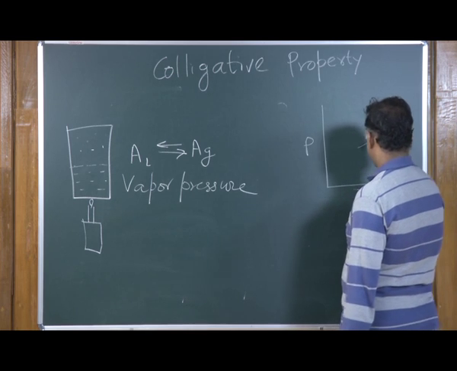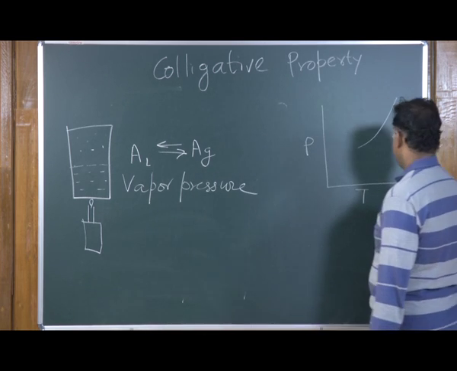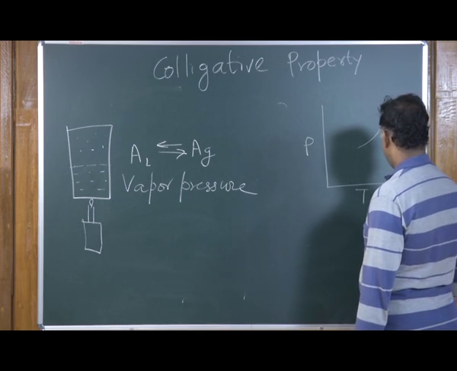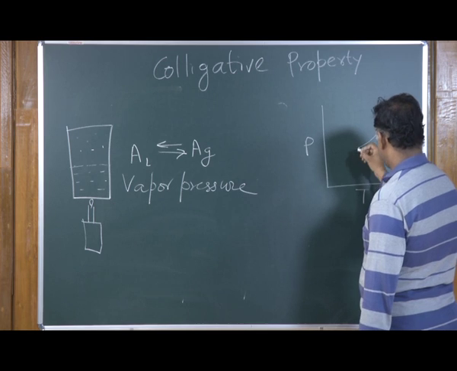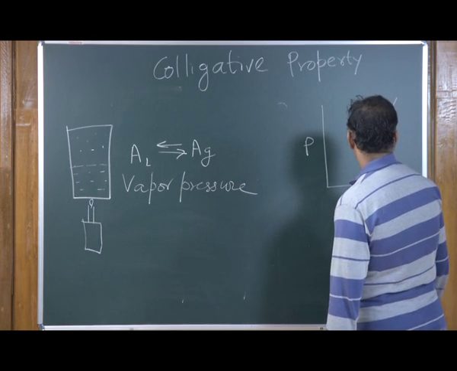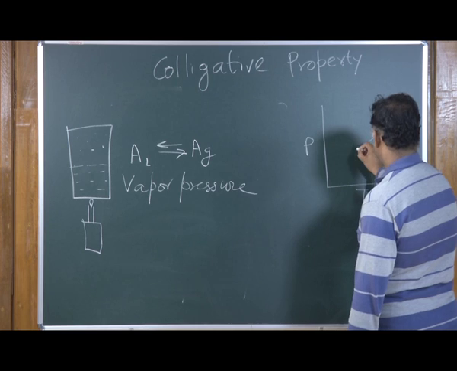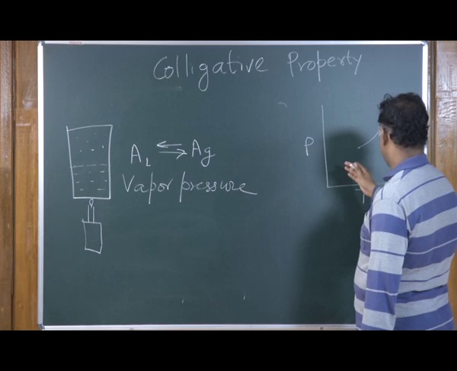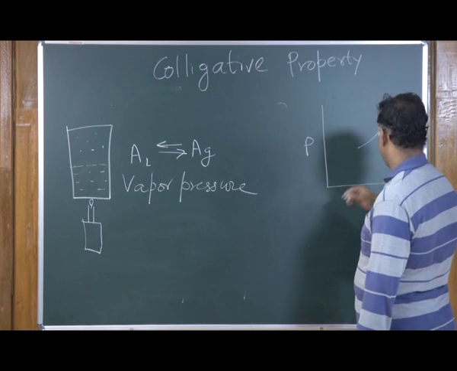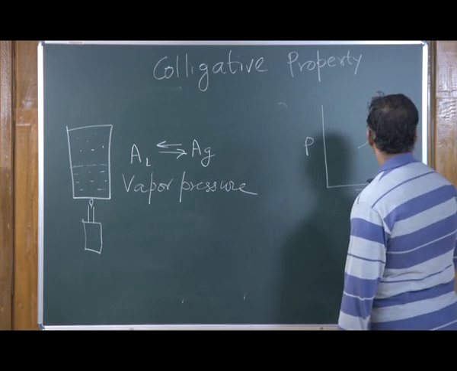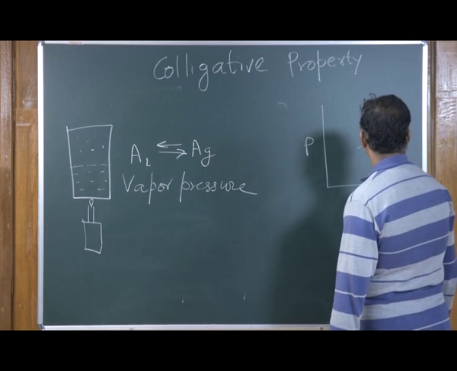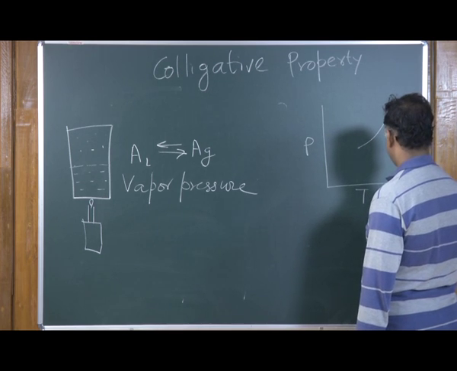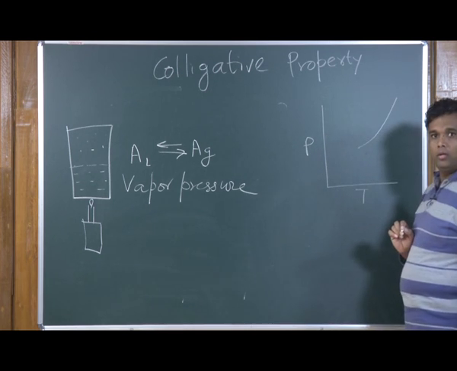So, the pressure is increasing as temperature is increased, and we started at a point because below this point the liquid will freeze. So, we will get a curve between solid and gas. All right, so this is a curve for pure solvent.